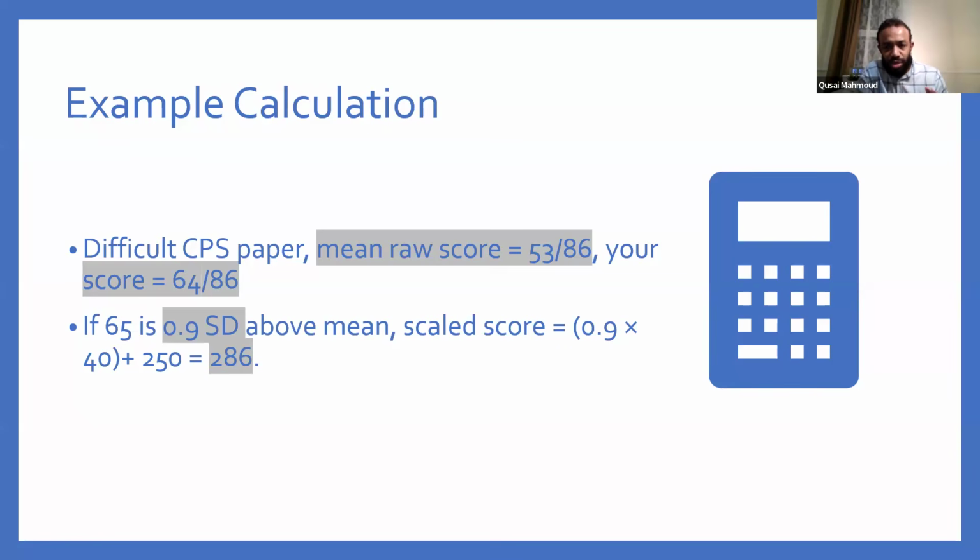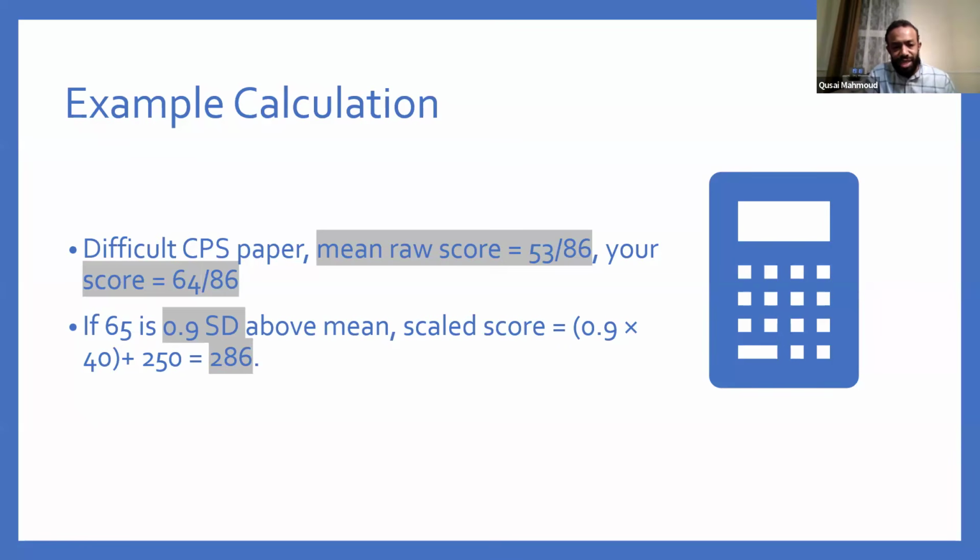So the average is 53, okay? 53 out of 86. Why 86? These are the scored questions, because 11 of them are just pilot questions. Your score remained the same. You scored 64. However, the average of the cohort was 53.